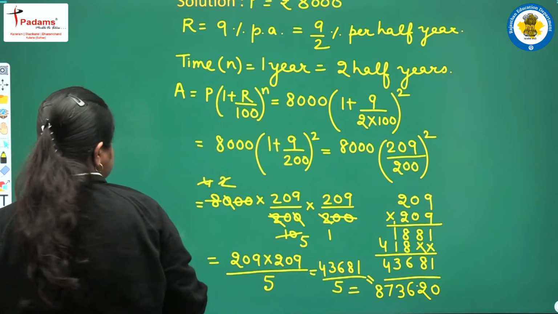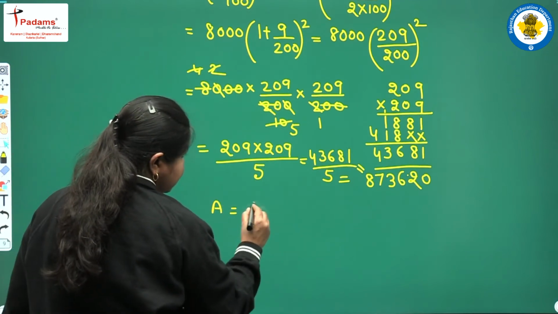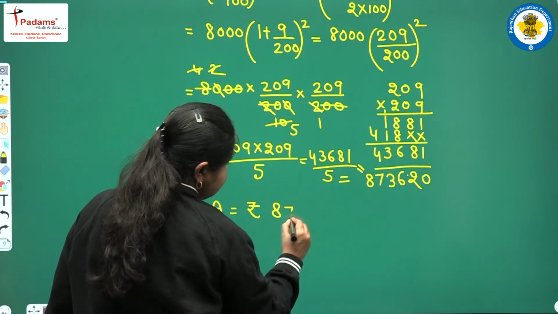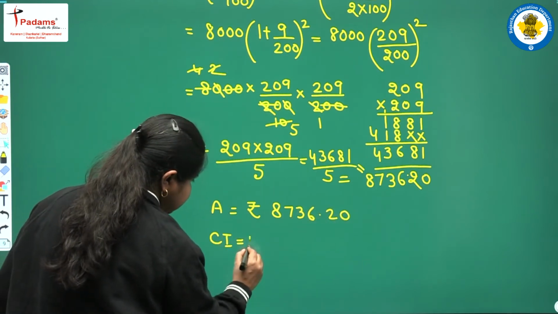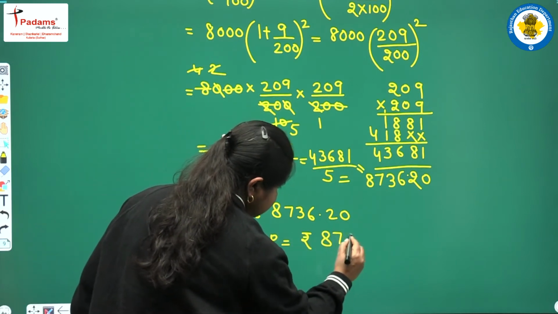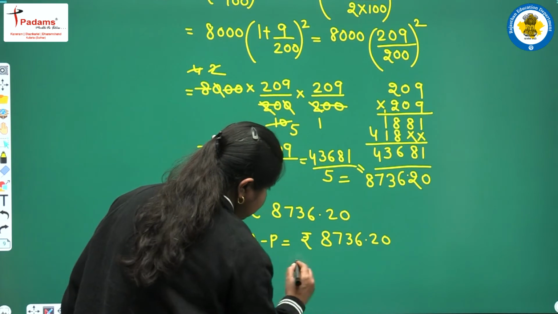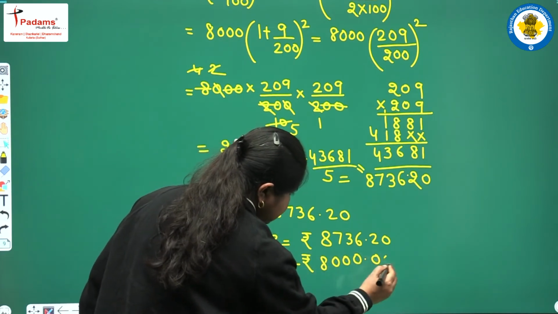From here we can write the amount. Amount is rupees 8736.20, and the compound interest is amount minus the principal, that is rupees 8736.20 minus rupees 8000, which is the principal here.